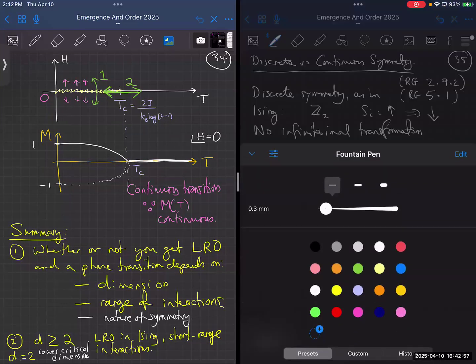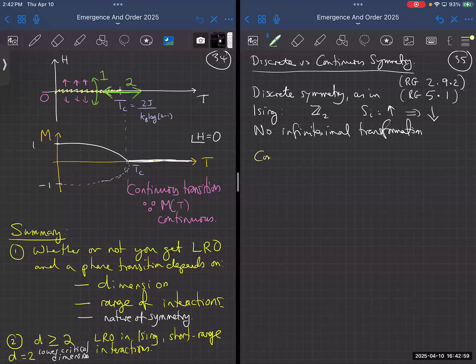Now, when we talk about a continuous symmetry, what I might have is a spin that points up like this, but now this spin can actually be rotated. So it is now pointing at some angle like this.